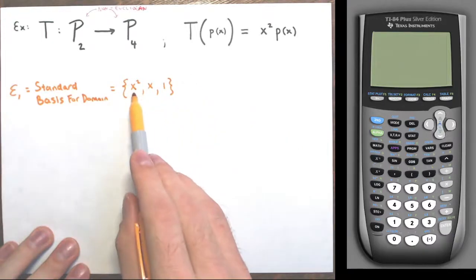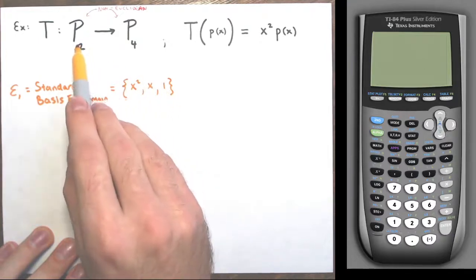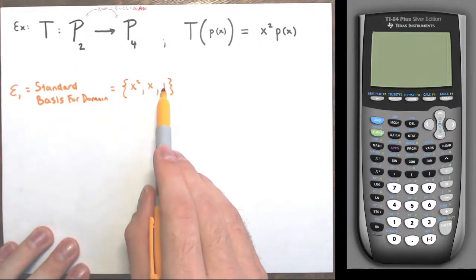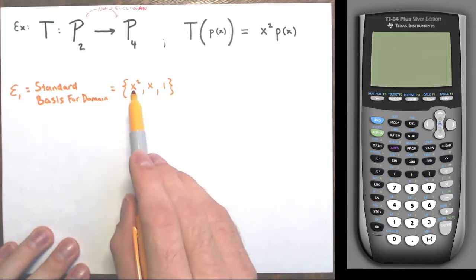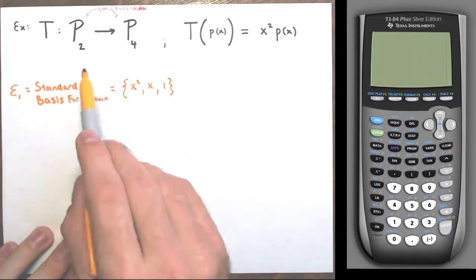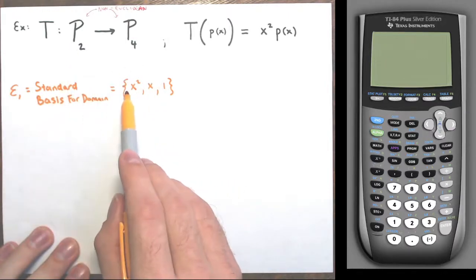So x squared, x, and 1, these three polynomials of degree 2 or less, form the building blocks. These are the simplest building blocks for all the vectors in P2. I can make any polynomial of degree 2 or less by taking a linear combination of these three.